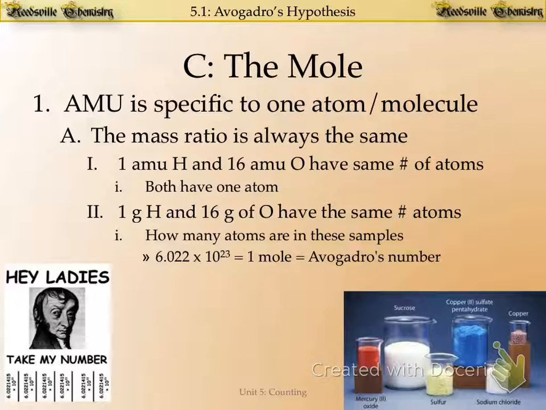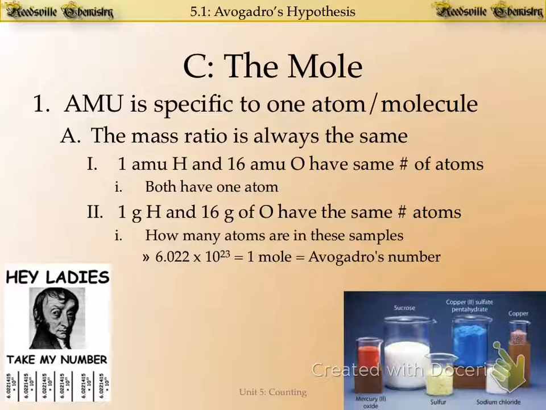But eventually it was figured out by looking at the sizes of individual atoms and the volume that they take up. And it was concluded that Avogadro's number, or 1 mole as we call it, is 6.022 times 10 to the 23rd atoms. So if you've got 1 gram of hydrogen, you have 6.022 times 10 to the 23rd hydrogen atoms. If you have 16 grams of oxygen, you have 6.022 times 10 to the 23rd oxygen atoms.